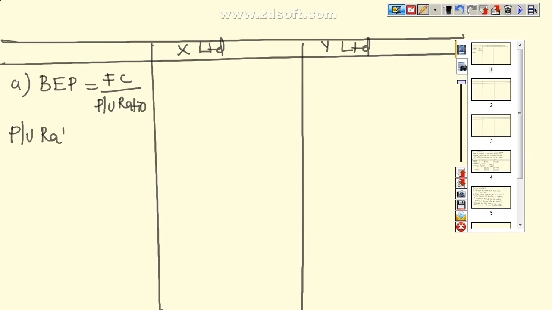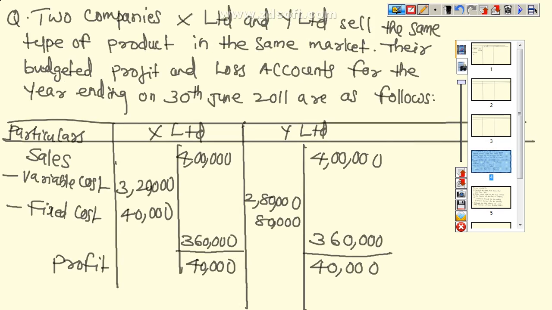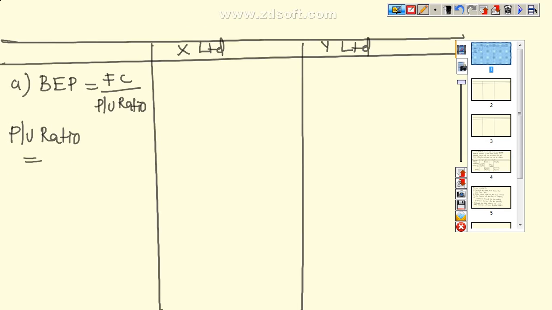PV ratio, based on the information given in the question, sales and variable cost, we know that, so we can apply that formula: sales minus variable cost upon sales into 100. So we calculate for X and Y.